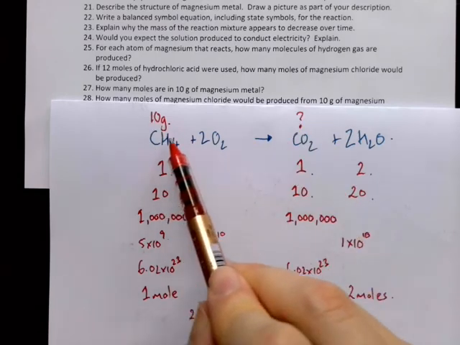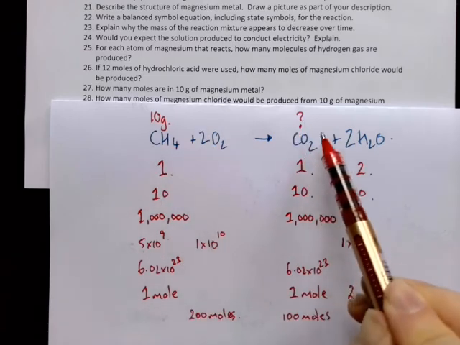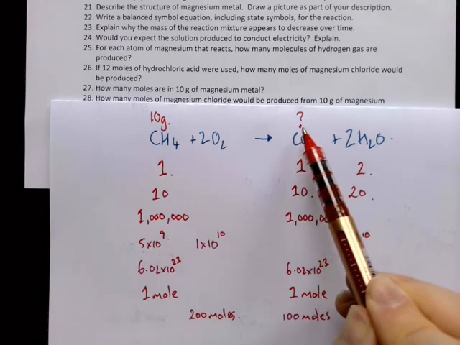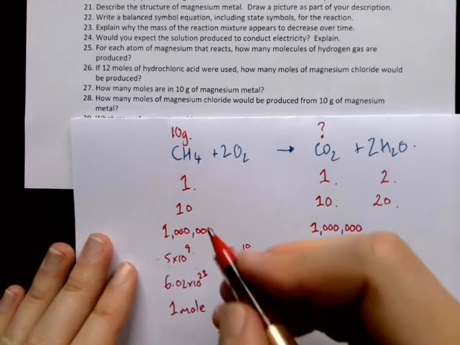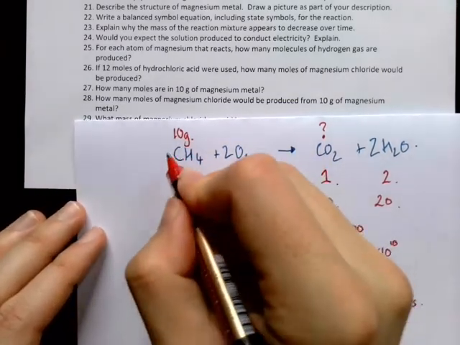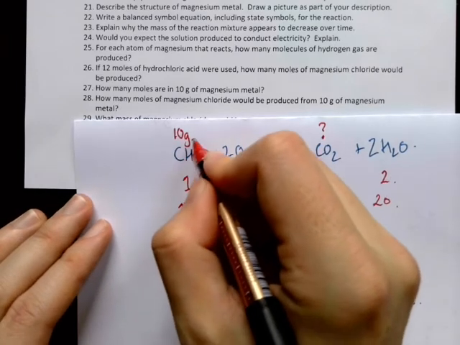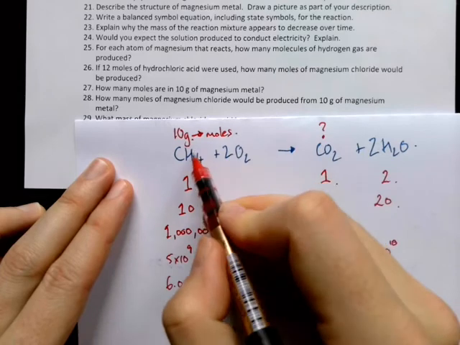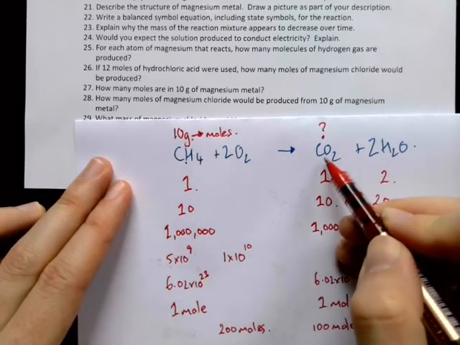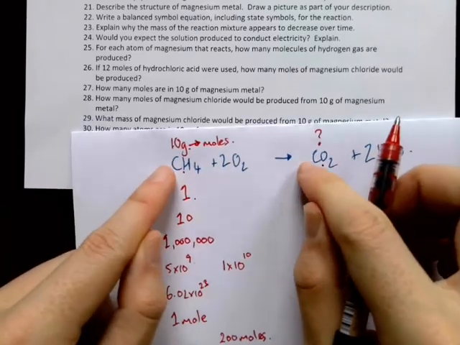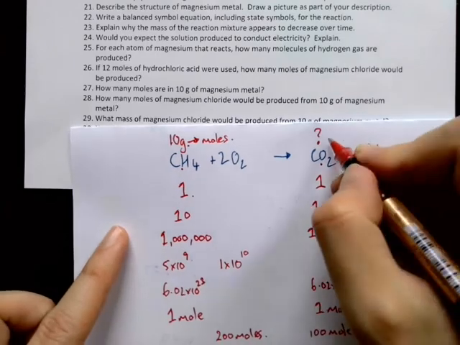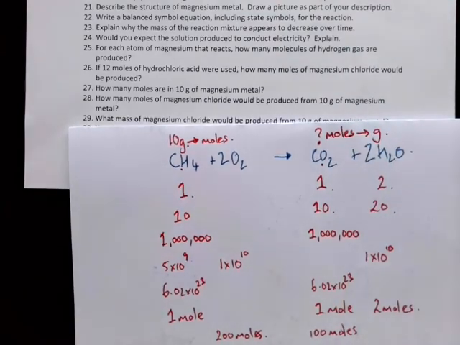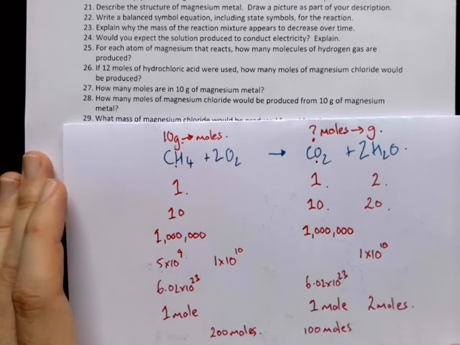Okay, so however many moles there are in methane is the same number in carbon dioxide. And then I can convert my moles into grams. All right, so all I do is, stage 1 is I convert grams to moles. I know the number of moles of this, therefore I know the number of moles of this, because it's to do with the number in front. And then over here, I just do the opposite, so I go moles to grams. All right, nice and straightforward.